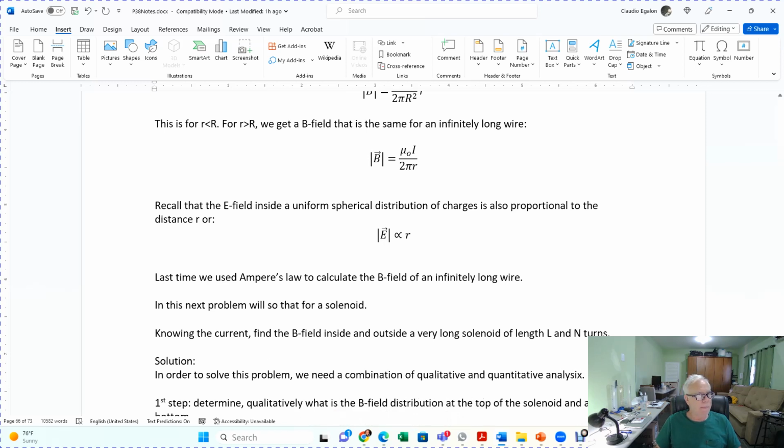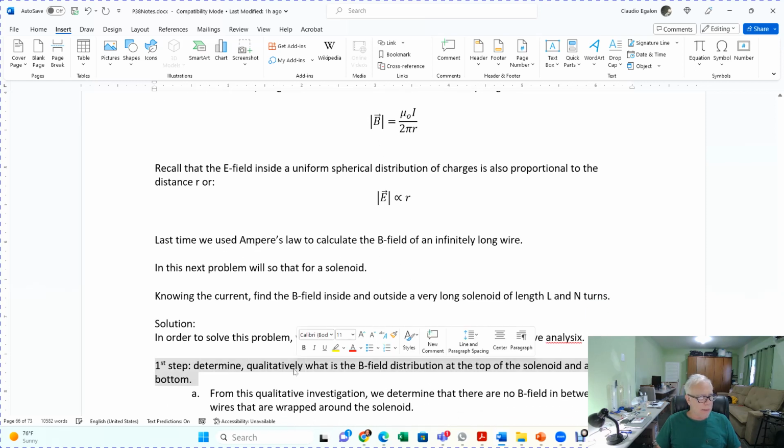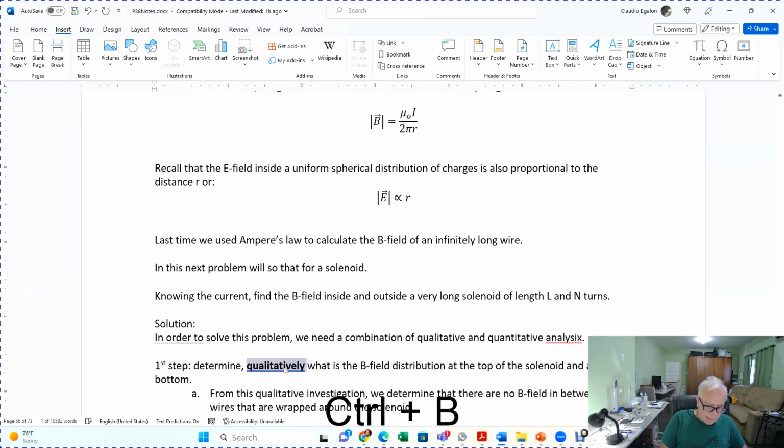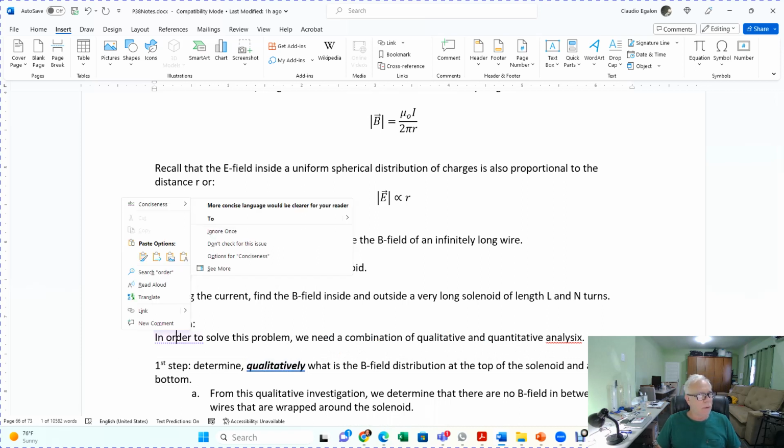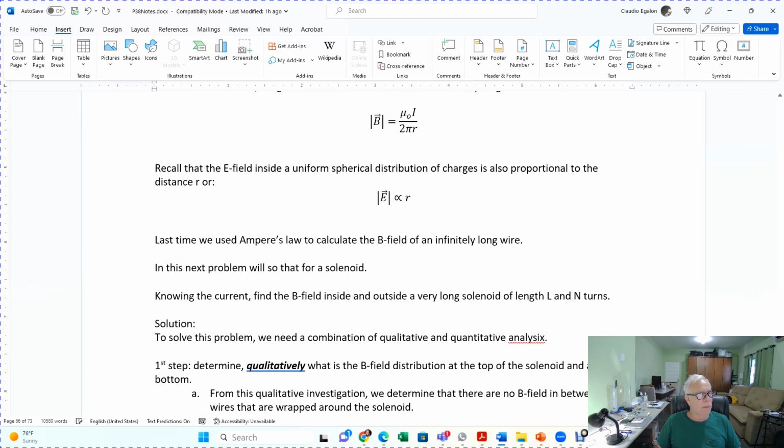Okay? So in the first step, we determine, again, notice that is qualitative. To solve this problem, we need a combination of qualitative and quantitative analysis.